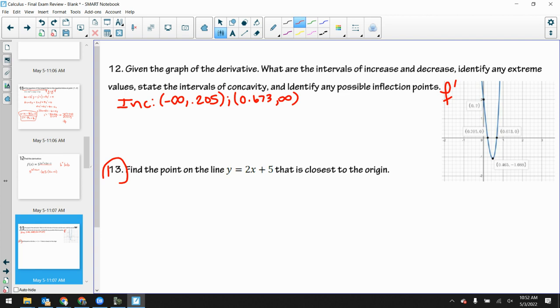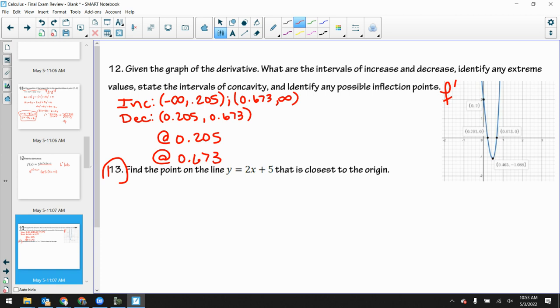Where it's below the x-axis is where it's decreasing. So from 0.205 to 0.673. So that must mean there are two extreme values where it crosses the x-axis. Okay, so there's going to be one at 0.205, and then there's going to be one at 0.673. What is 0.205?